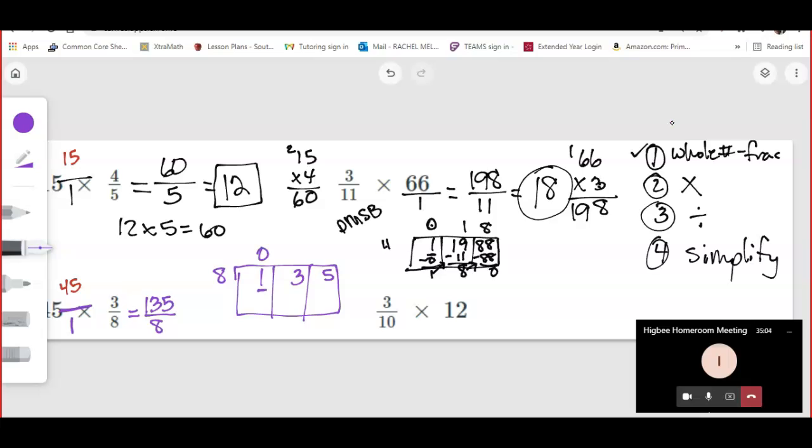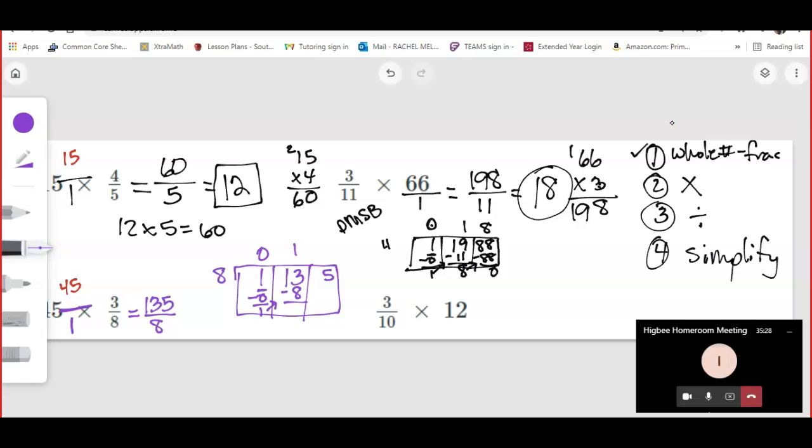No. Okay, so 0 minus 8 is 0. Take away my 1. And then I'm left with 13. Okay. So now that I have 13, how many groups of 8 can I have? 1. Okay. 1 times 8 is 8.